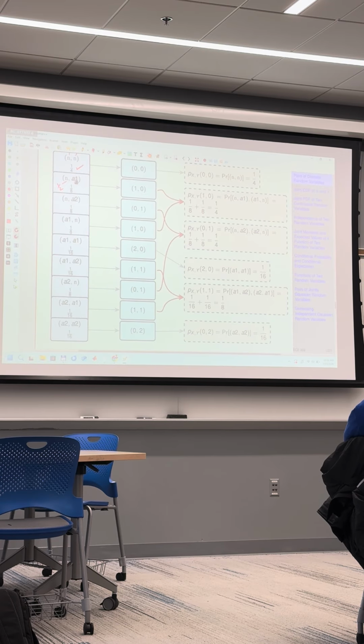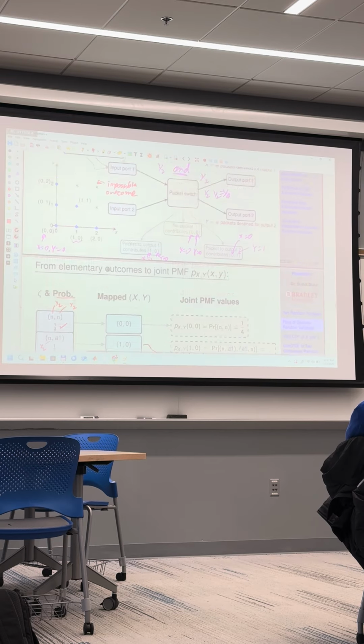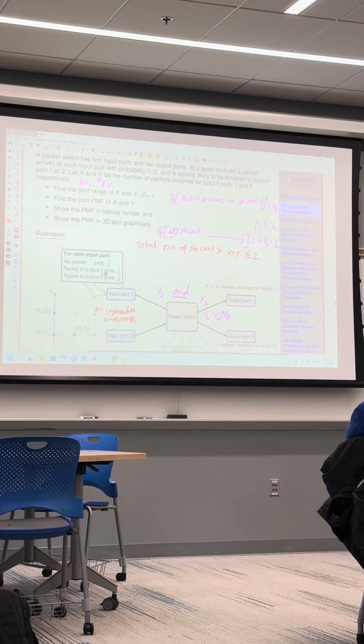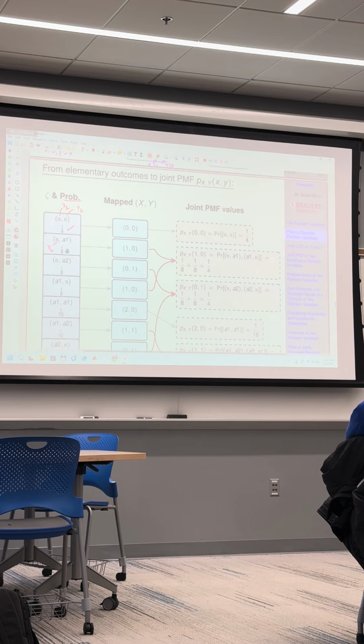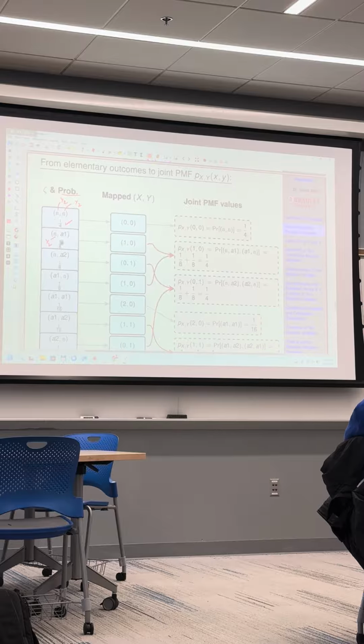So this A1 represents output port number 1. It went to output port number 1. So a packet arrived in input port number 2, but it went to output port number 1, with probability 1/4 in total. So that 1/4 and this 1/2 will give you 1/8.